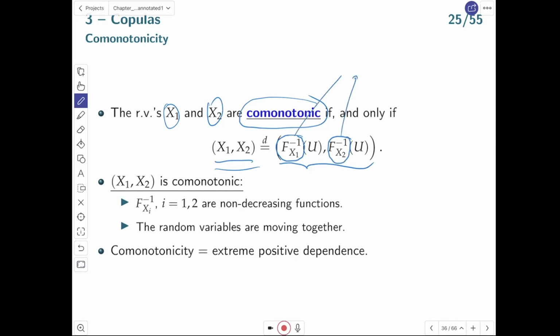These are the inverse CDFs. And U is a uniform distribution.